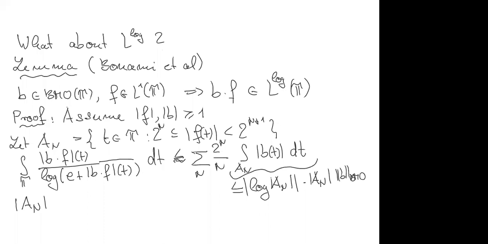But let's just take the n's where An is, say, greater or equal than 2 to the minus n half. What would happen then here? In that case, this here would still be approximately n.